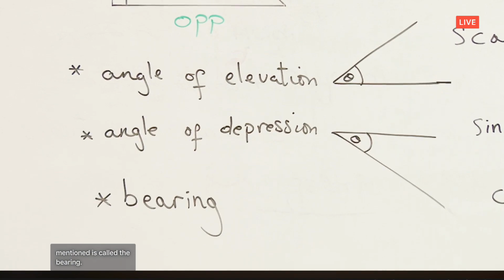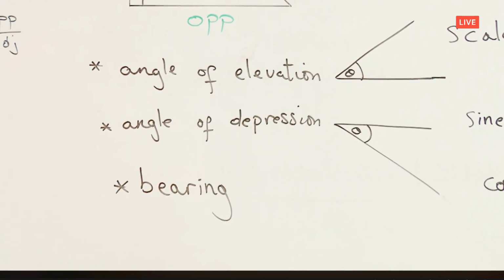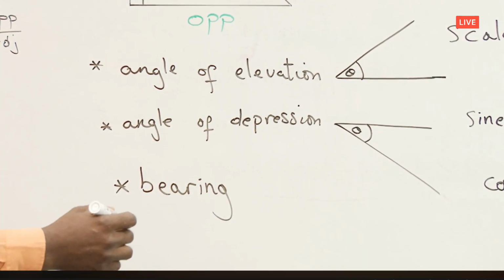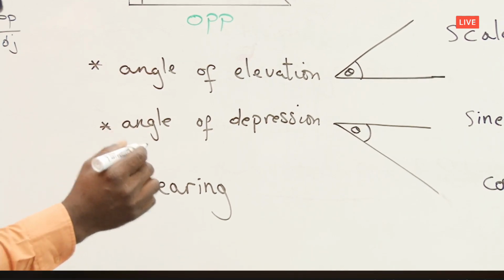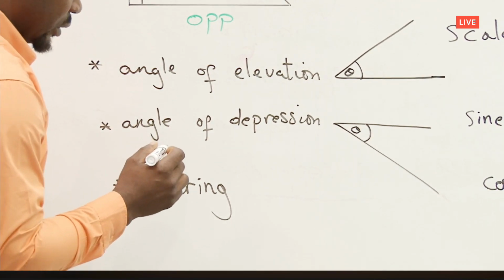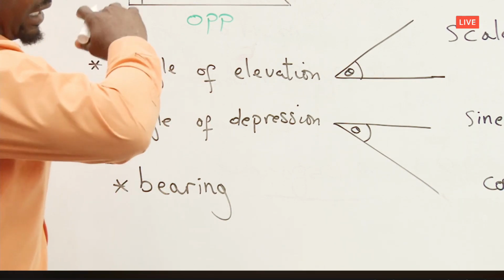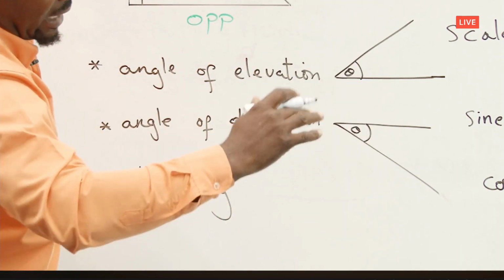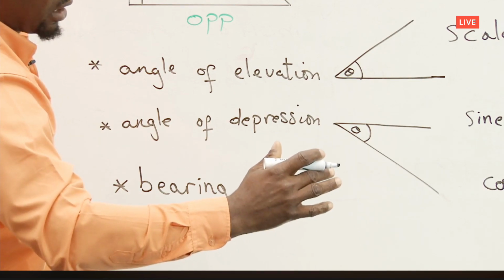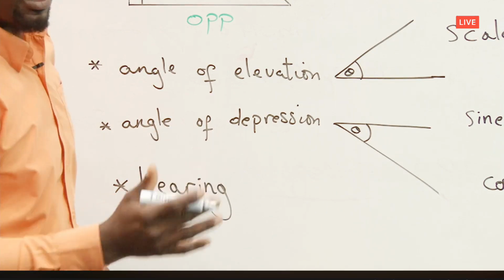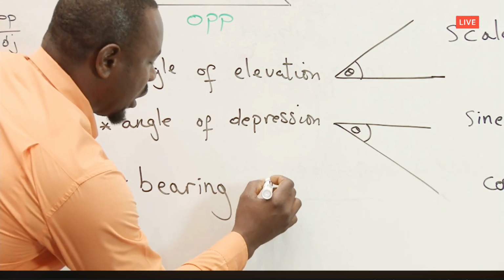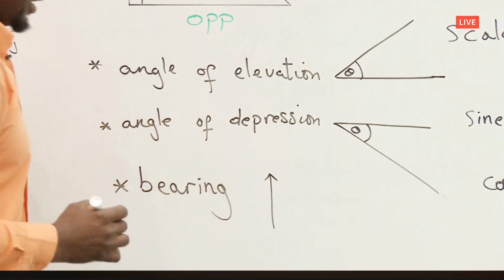The last thing we mentioned is called a bearing. Now a bearing, we are saying is you have a north pole, in which you are using that north pole to come up with an indication or an idea to represent a specific angle value. So we have a north pole, okay?